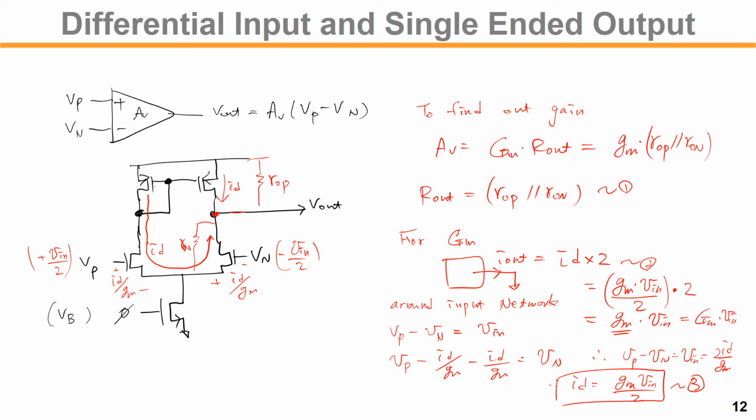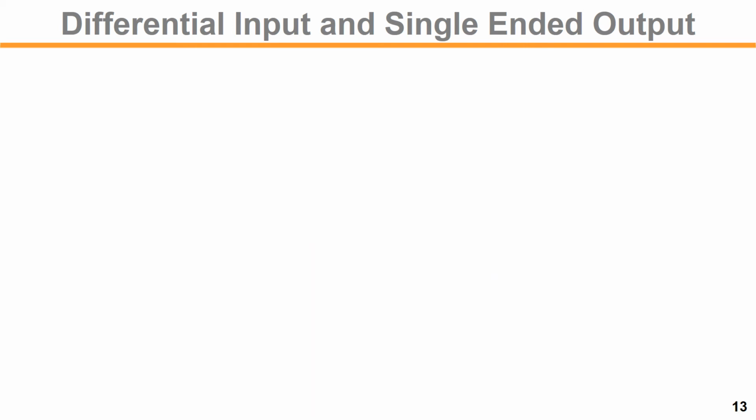So this is the differential input to single-ended output amplifier by having the current mirror load, right? For differential input and single-ended output circuit, you can compare two cases. One is the fully differential circuit.